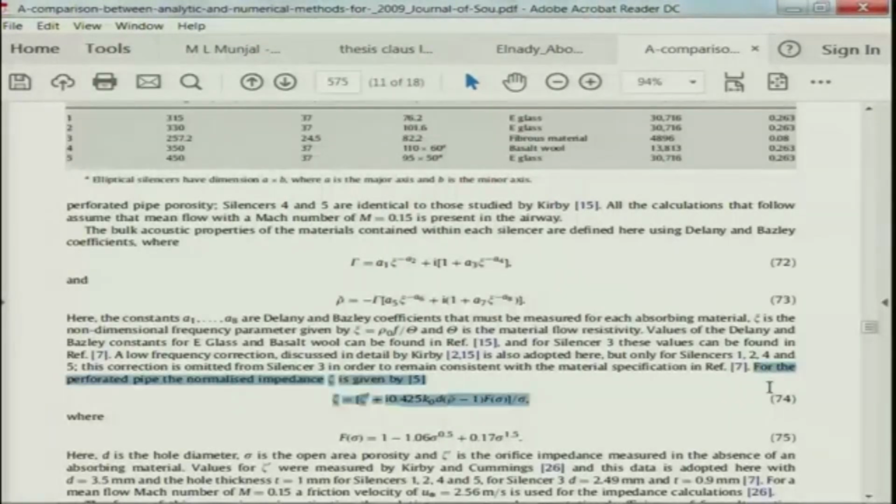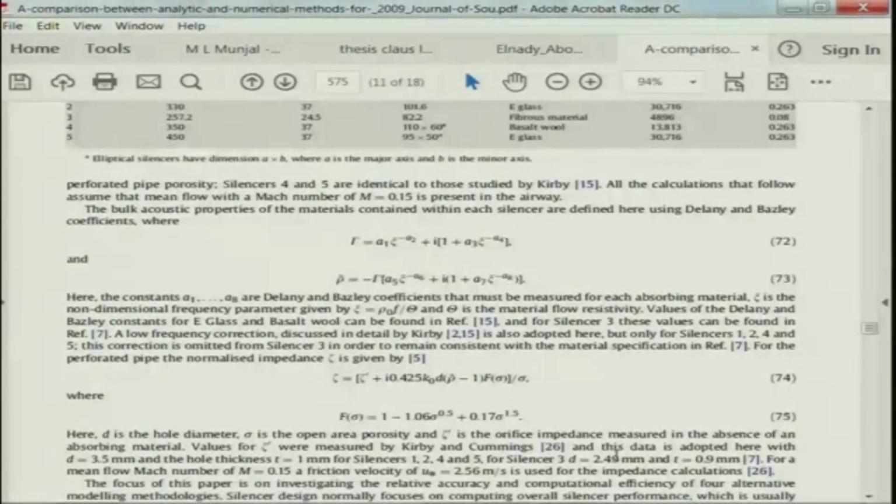For the perforated pipe, the normalized impedance zeta is given by this expression, from reference 5, zeta dash plus this term, where f of sigma is given in the paper by Folk. There are different expressions for f sigma, and zeta dash is also found out previously.